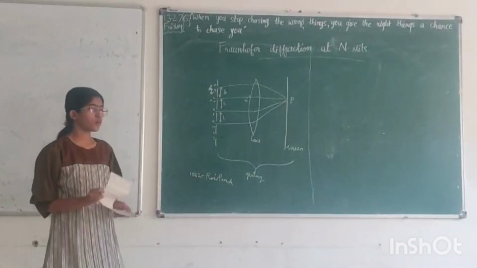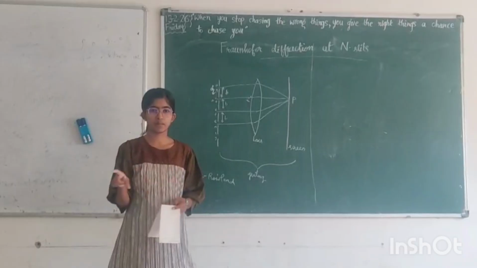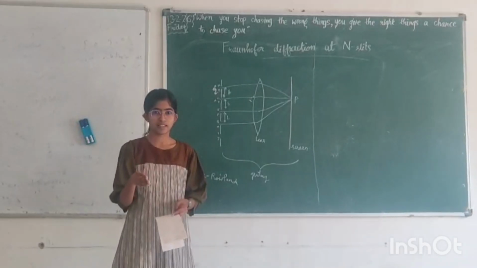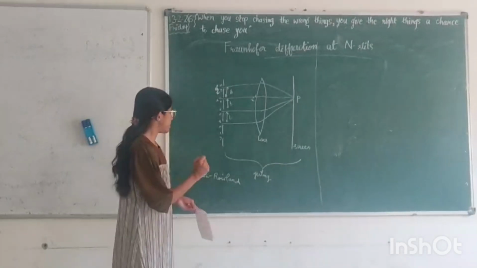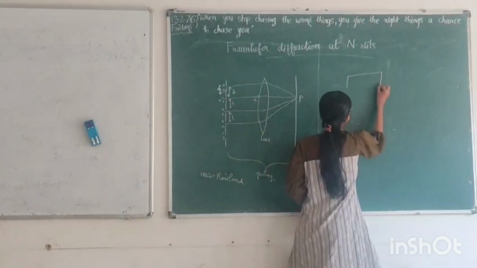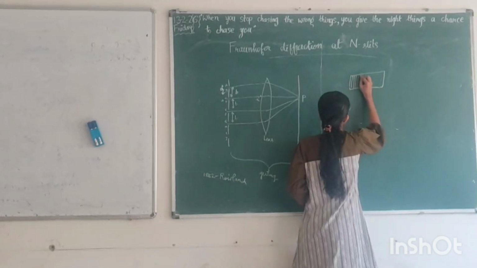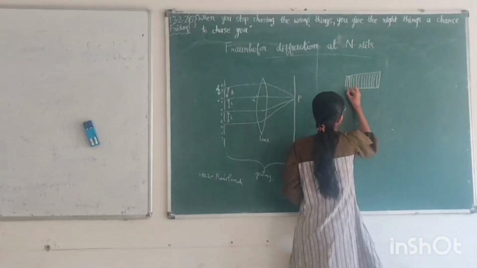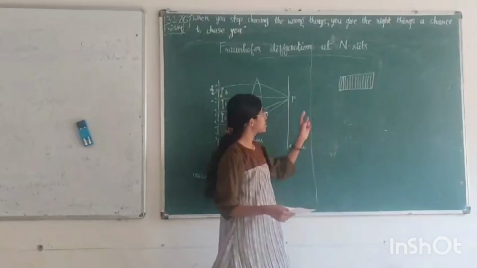Now how can we construct this grating? For that you take a plain piece of mirror, and on it you start making parallel lines such that those lines are equidistant from each other. With what do we make these lines?